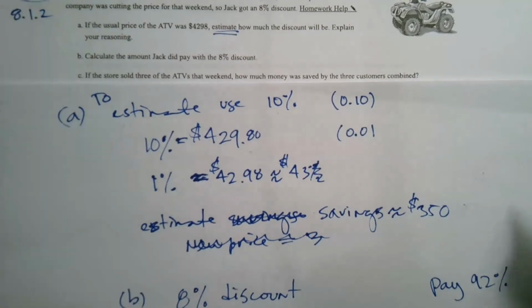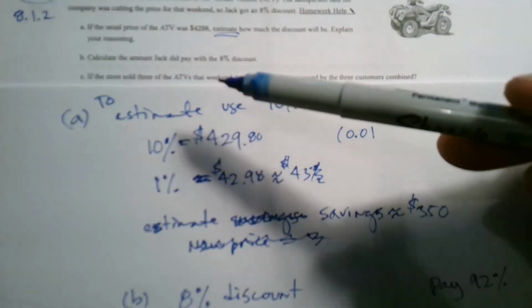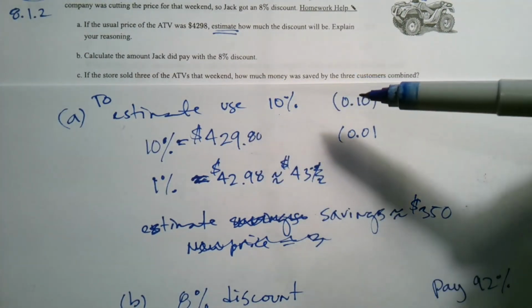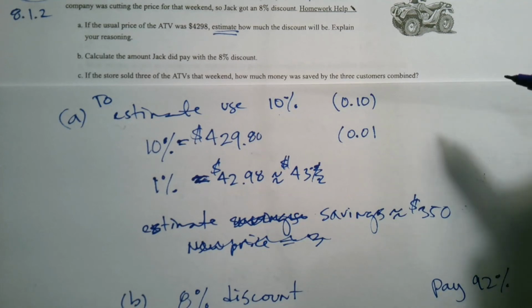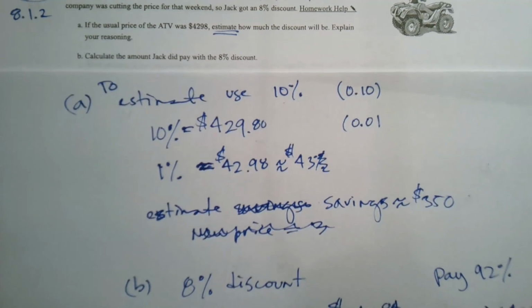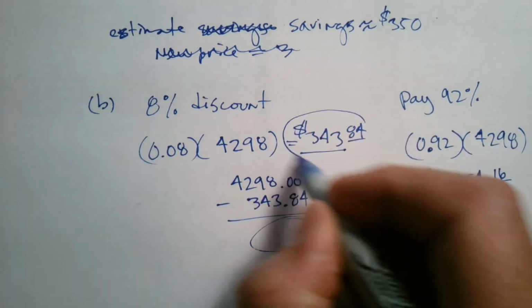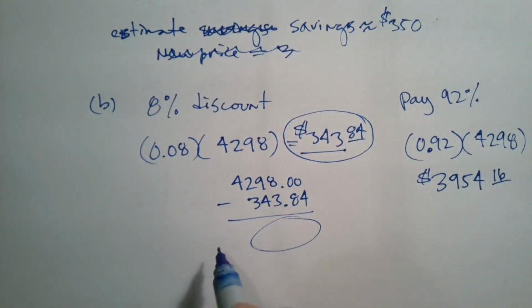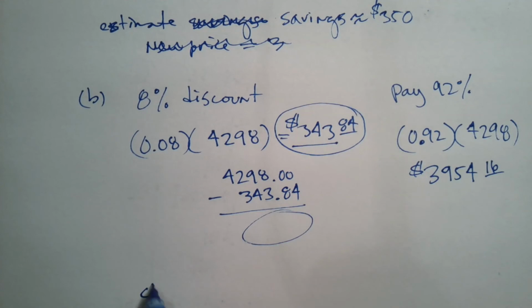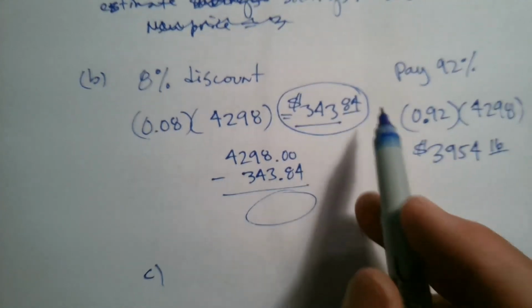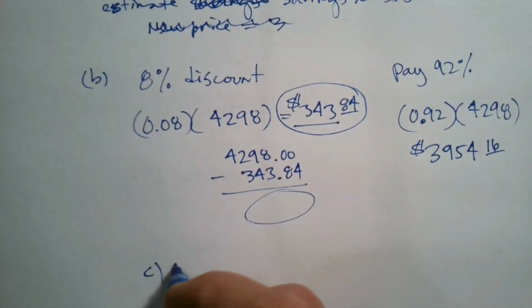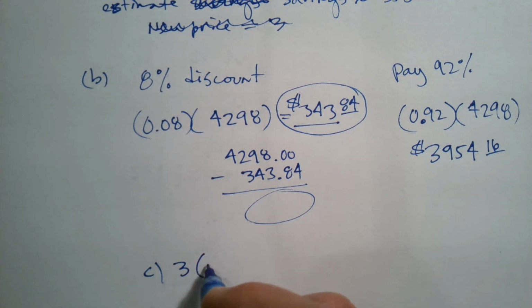Part C says, if the store sold 3 ATVs that weekend, how much money was saved by the 3 customers combined? If I'm just trying to find the savings of 3 customers, that's my savings right there at 8%. So for C, I'm just going to take the savings for 1 ATV and multiply it times 3.